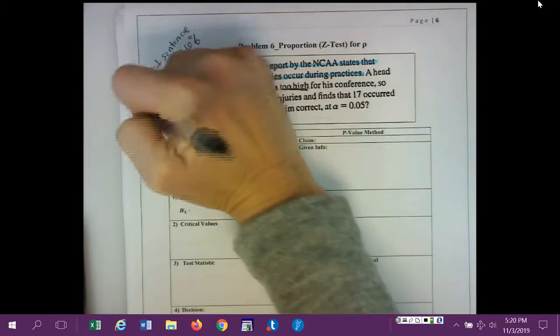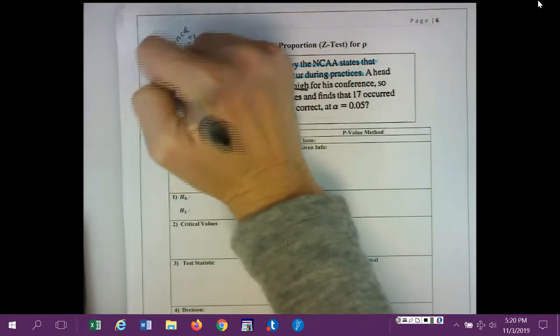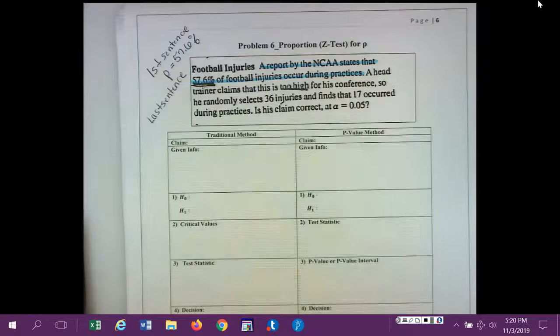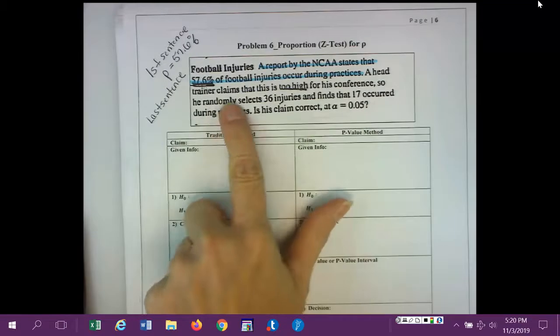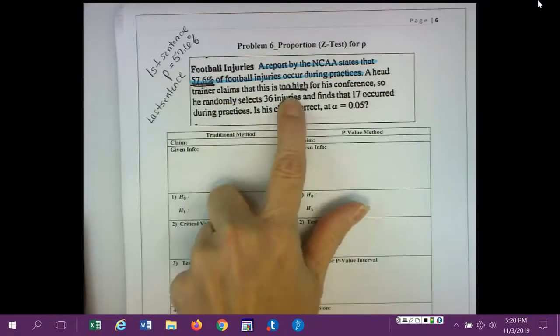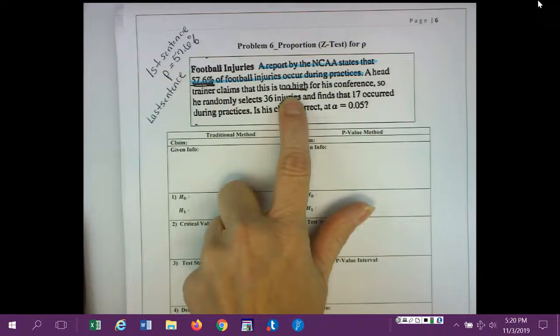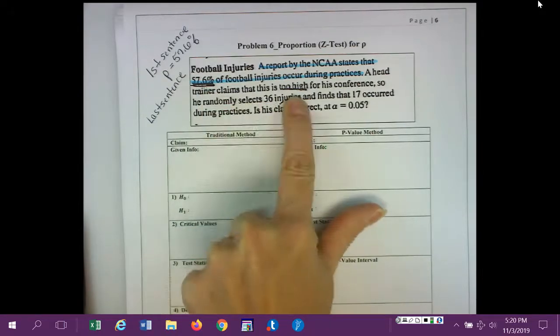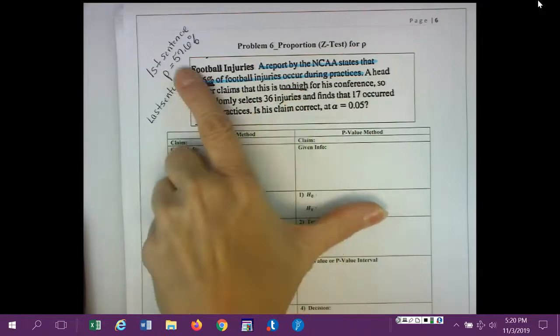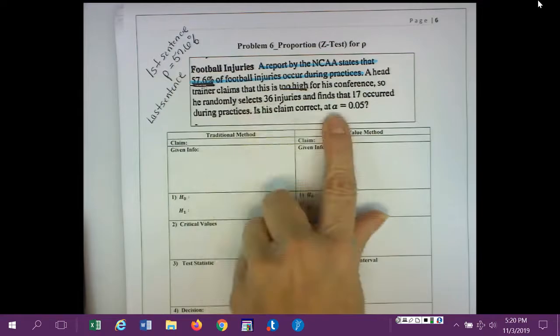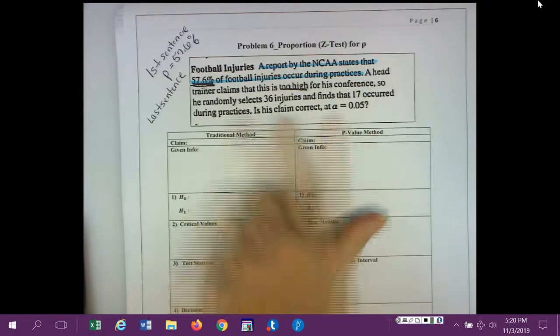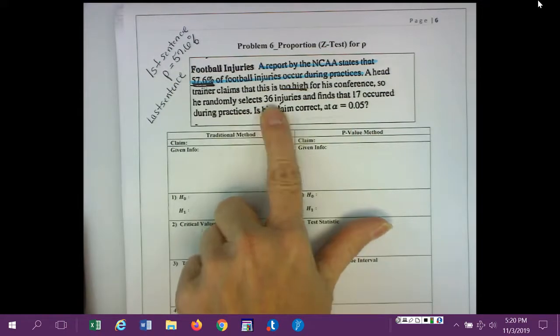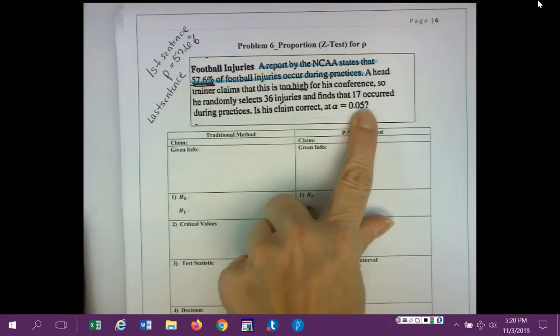Now the last sentence, a head trainer claims that this is too high for his conference. This trainer is against this statement. It's just too high for his conference to say that it is 57.6%. So he randomly selects 36 injuries and finds that 17 occurred during practices.